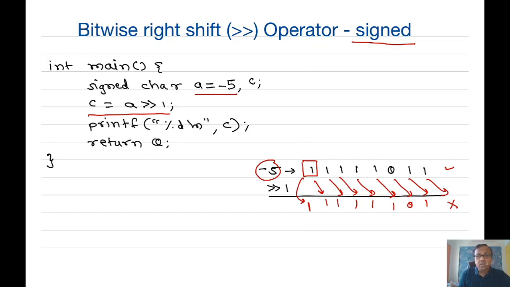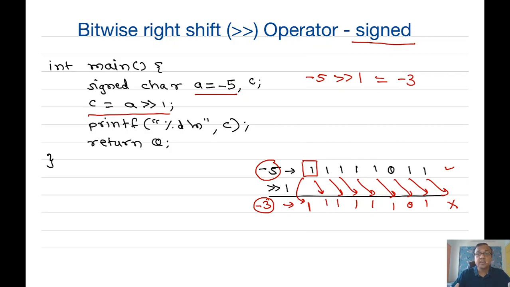If you do a bit of reverse engineering, you would realize that this number is -3. So whenever you do a right shift by 1, you are still doing a division by 2 operation.